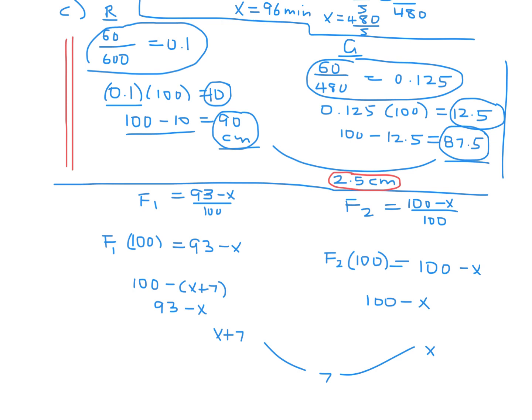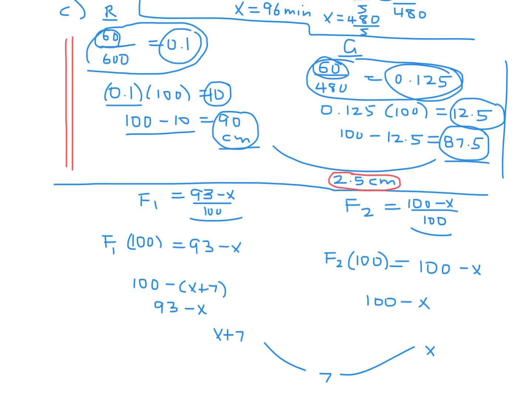Correct? All right. Now, we know that this fraction represents this one, and this fraction represents this one. And both of them are equal to something over 600 or something over 480. And that something is the same.